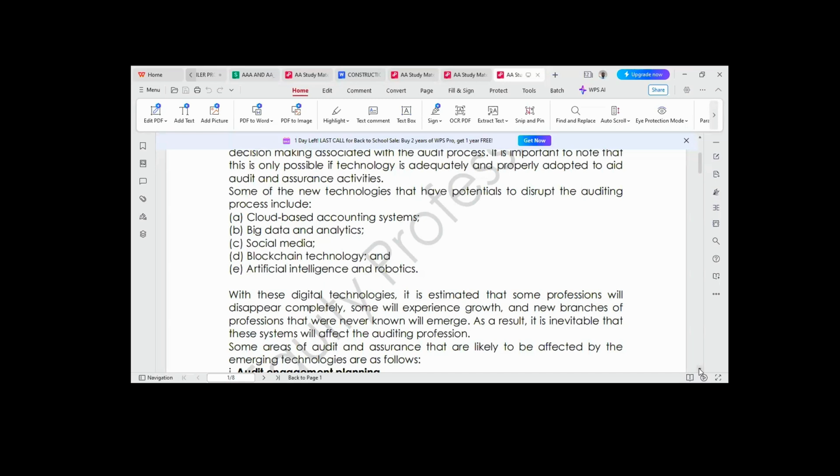Several people will be tapping resources from a central point, which we call the server, or we call it the repository. They will be working on it all at the same time, and there will be no interruption. We call it enterprise resource planning.